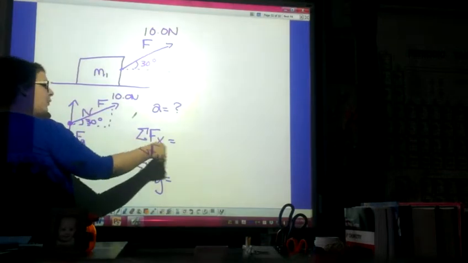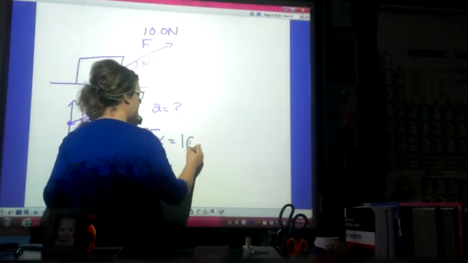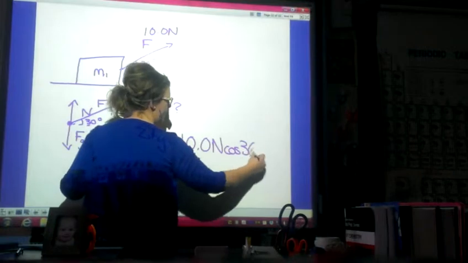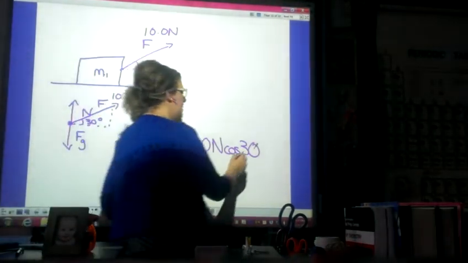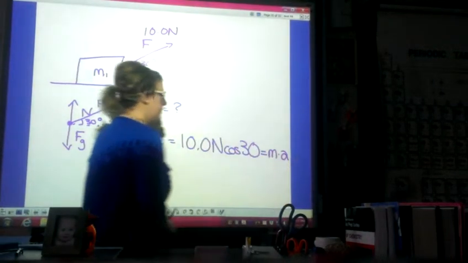So the sum of the forces in the x direction is equal to 10 newtons times cosine 30. And since it's accelerating in the x direction, that's not equal to 0, it's equal to mass times acceleration.